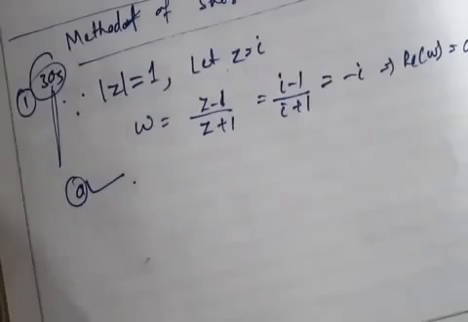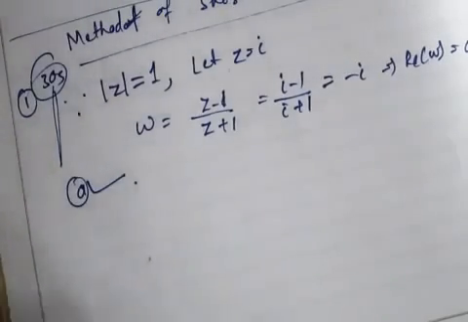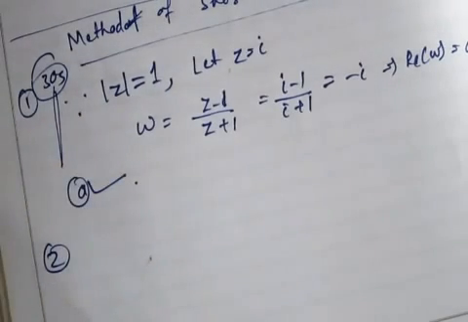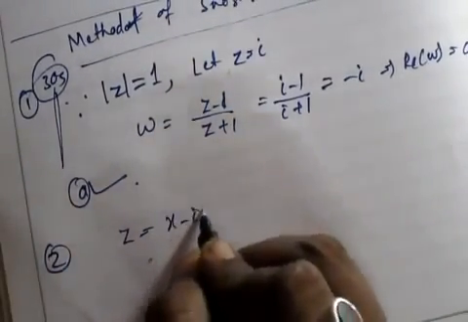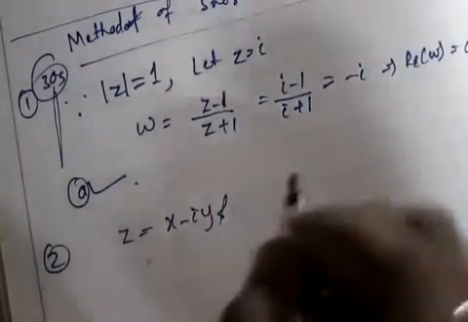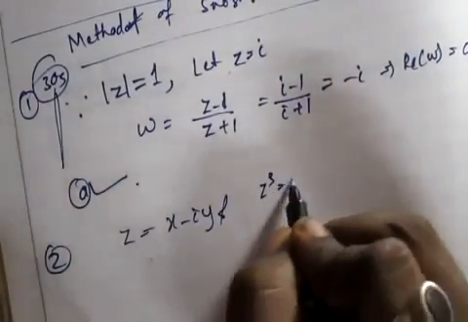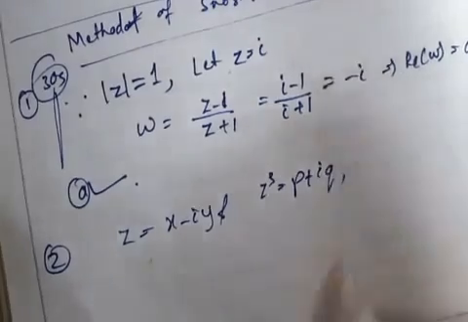Similarly, another problem in IIT 2003 I saw. The question was: z = x − iy and z^(1/3) = p + iq.